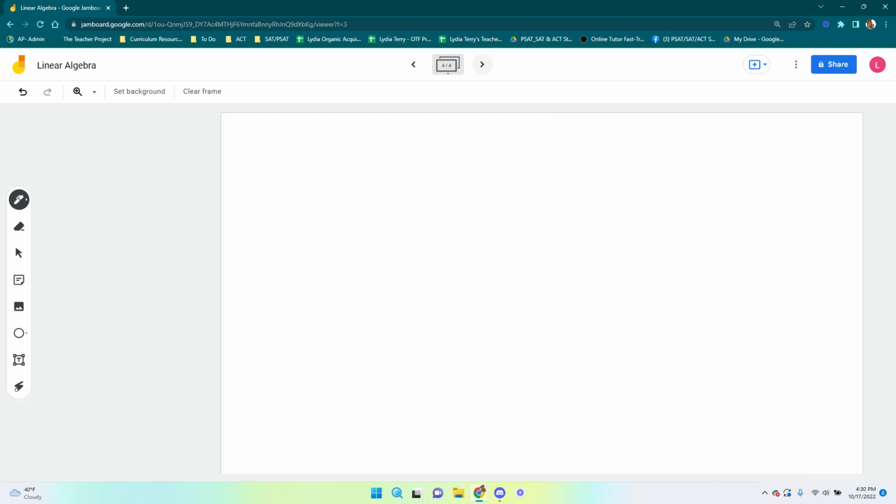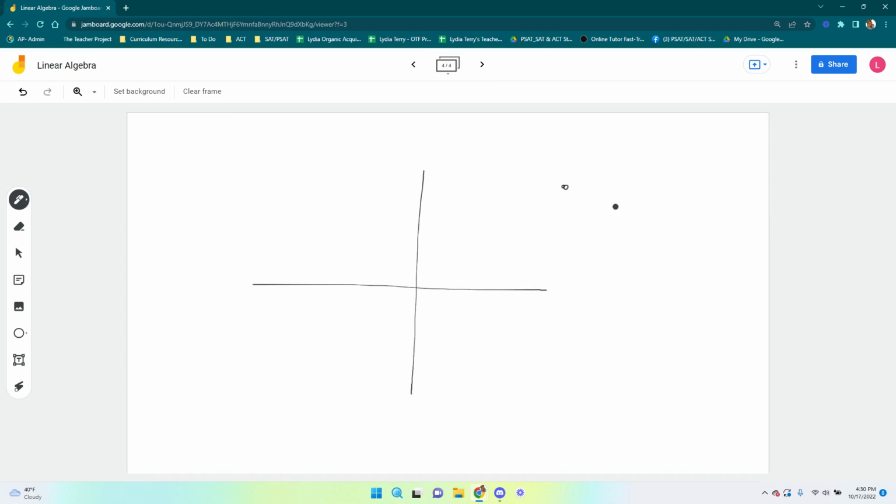Okay, so let's say you've got this guy over here. I'm just going to eyeball it. That looks like it could be like 10, 12. And let's say we have this guy right here, -9, -2. All right, so let's say we want to find the midpoint, and who knows how close I am eyeballing this.